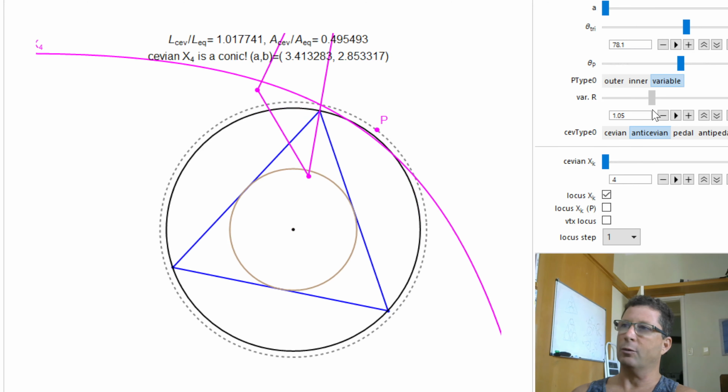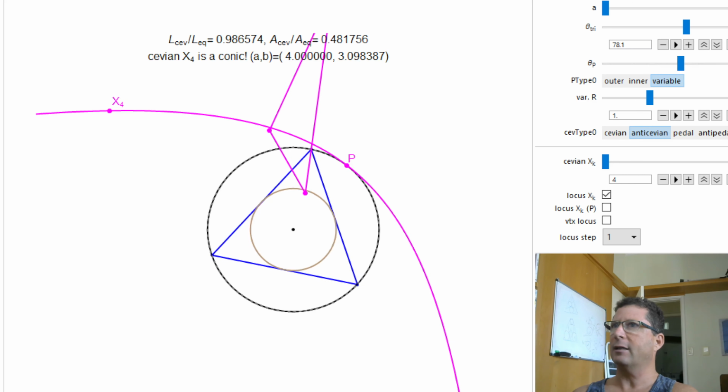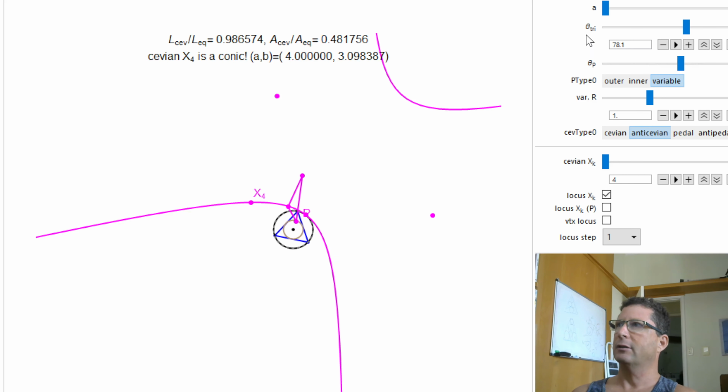I'm losing some numerics here, and it could be that this is actually a conic where one of the foci is exactly that point when P is on the circumradius. But for now, let's just appreciate the fact that I have a family of hyperbolas, right?